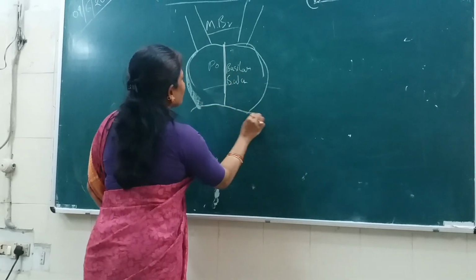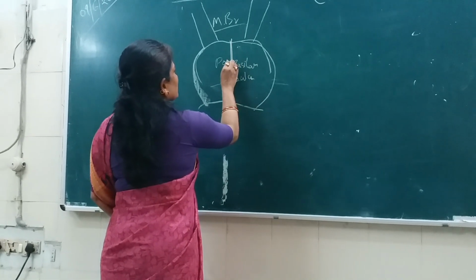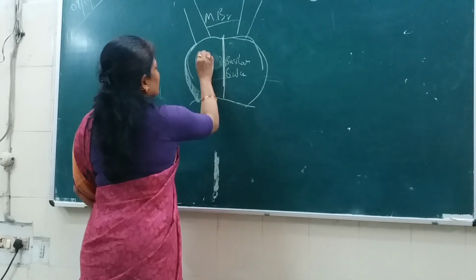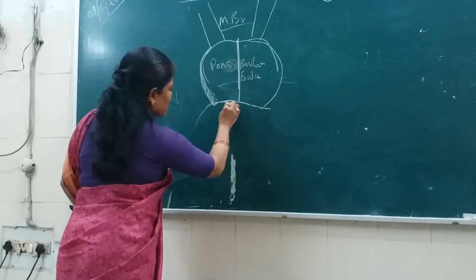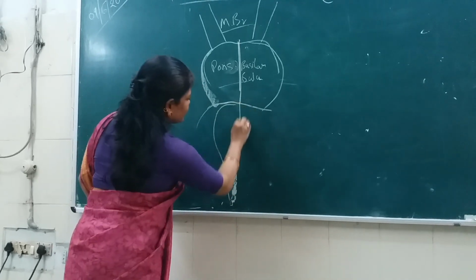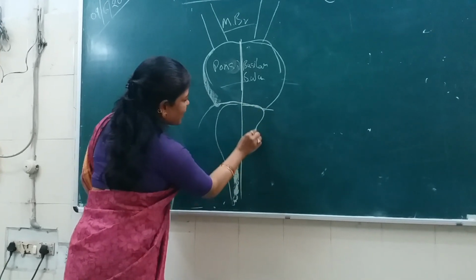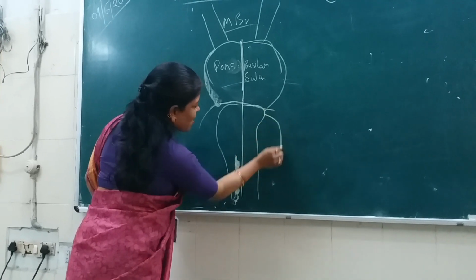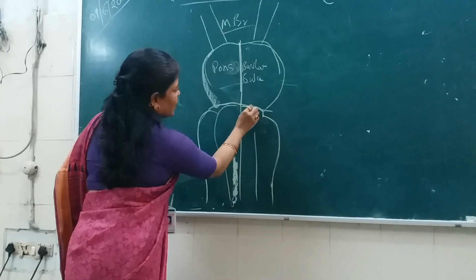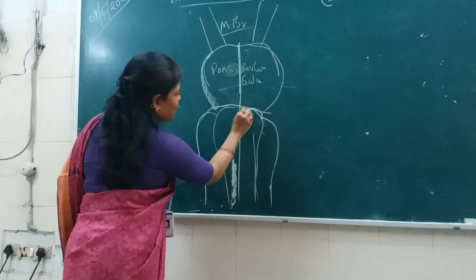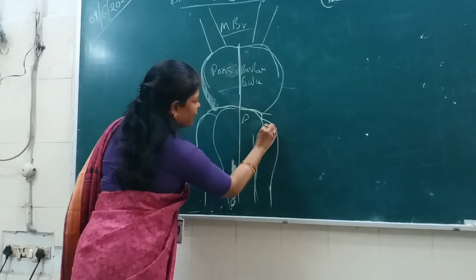And this is the lower border of the pons. Here comes what? What is this? Pyramid and olive. Yes, very good. This is the pyramid and this is the olive here.